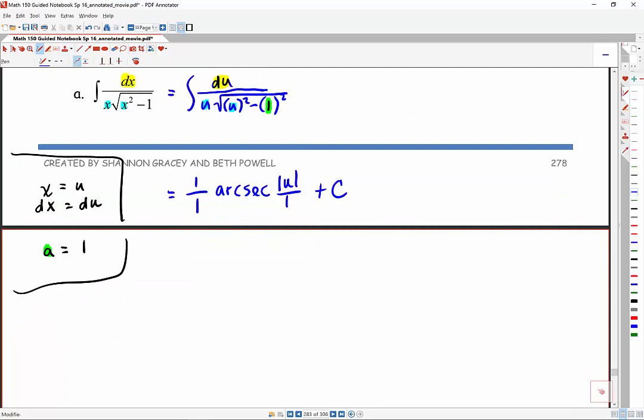Okay, so again, our a was here, and then our u is here. So now, back substituting, this is equal to arc secant of absolute value of x plus c. Okay?